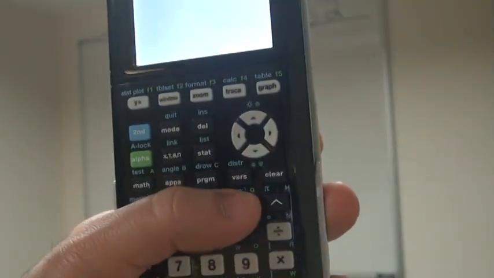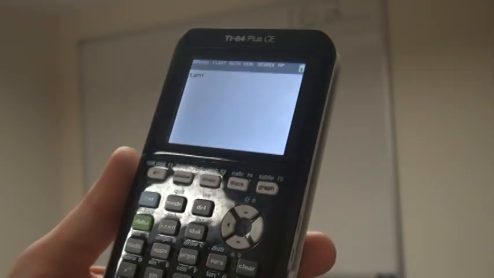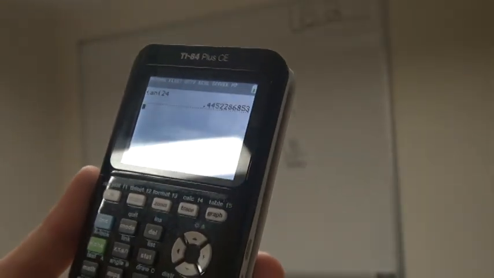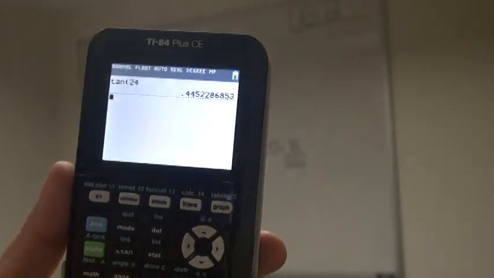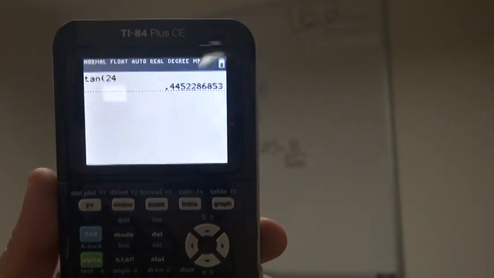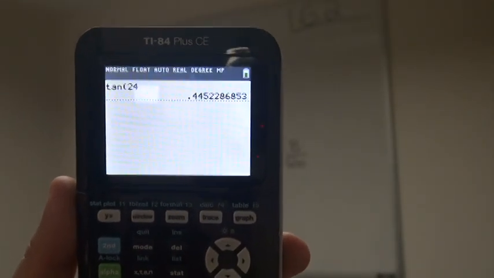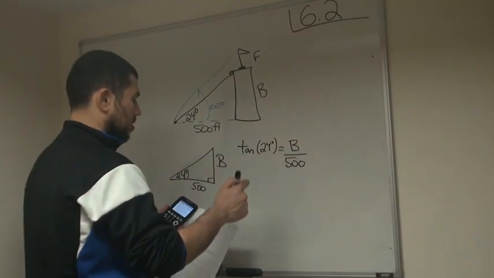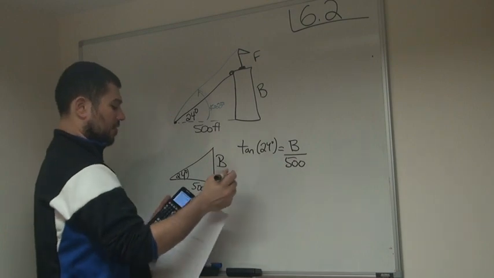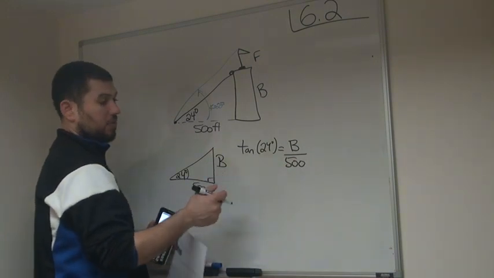Tan of 24 degrees gives you 0.445. That should be the ratio of sides of a tangent of 24 degrees. So B over 500 should equal 0.44522.